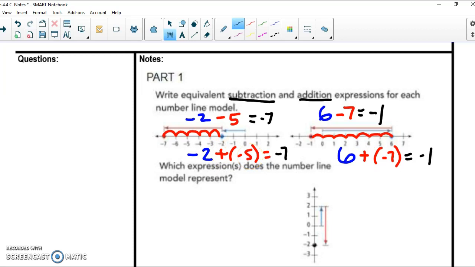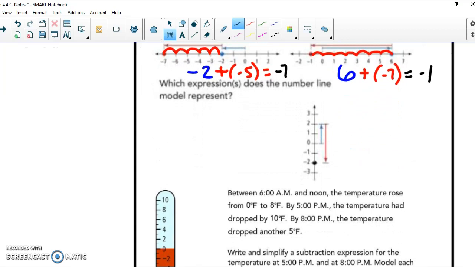So let's check out a vertical number line similar to what you'd see on a thermometer, and let's figure out which expressions the number line model represents. So again, as I look here, I'm going to start at 0. And I can see from 0, I'm going up 2 units, or positive 2. From 2, now I'm moving down 1, 2, 3, 4 units.